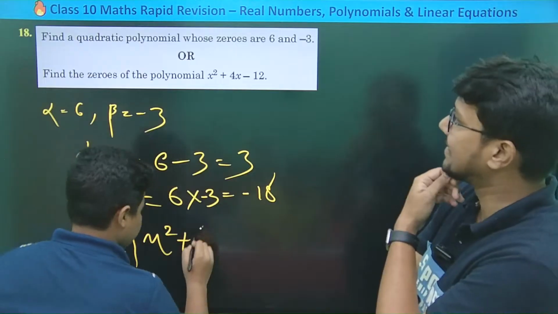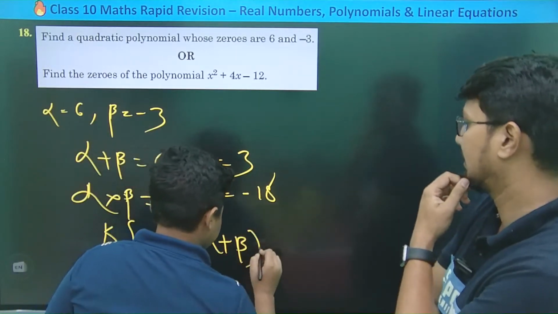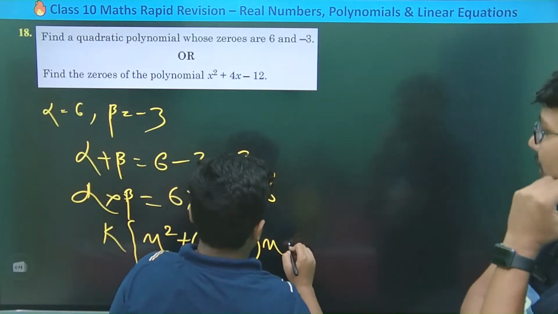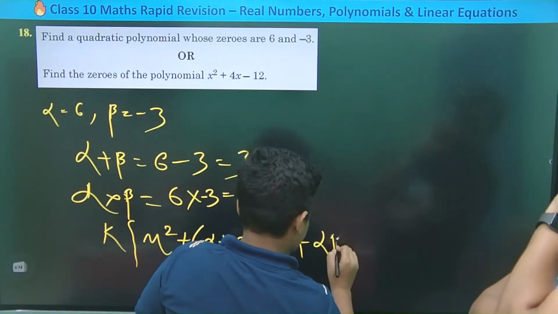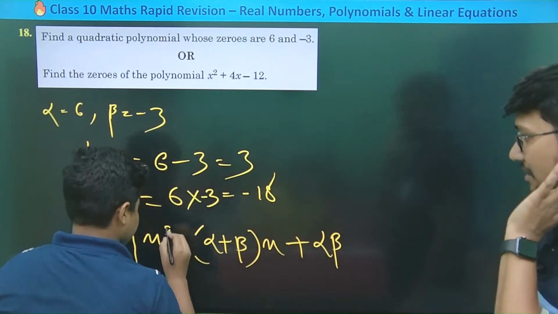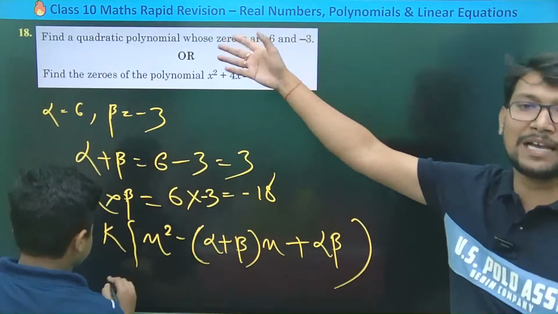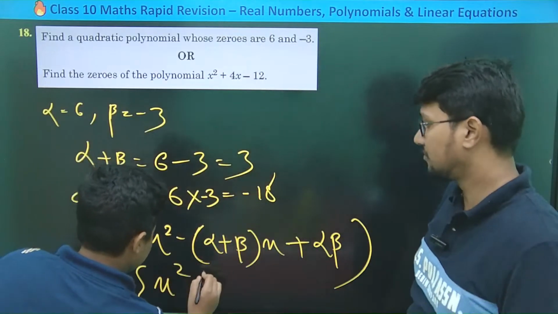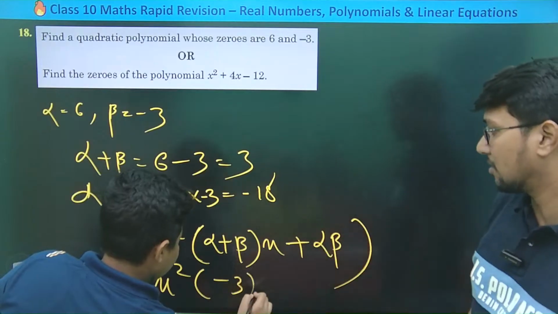Alpha he has taken 6. Find which zeros these are. Do it quickly. Plus alpha beta. Where did this minus come from? Where did this plus come from? Second done. Solve everyone. I will not solve this question. Just solve it. Tell me whether Dhara is doing correctly or not. Give the sign.